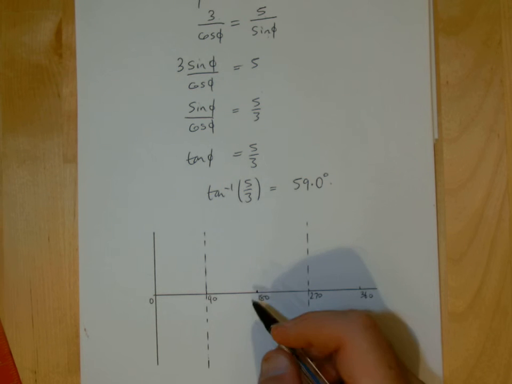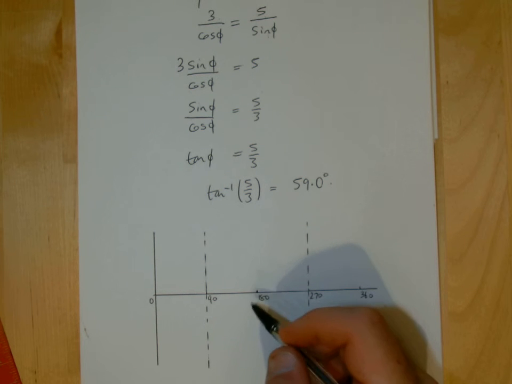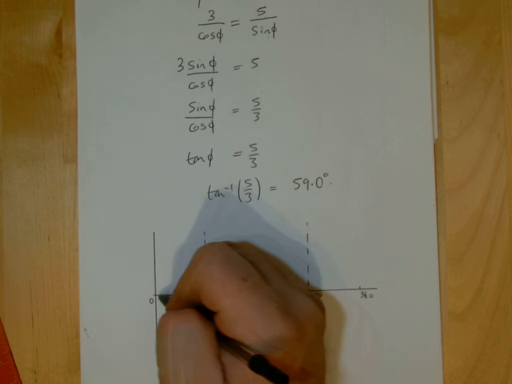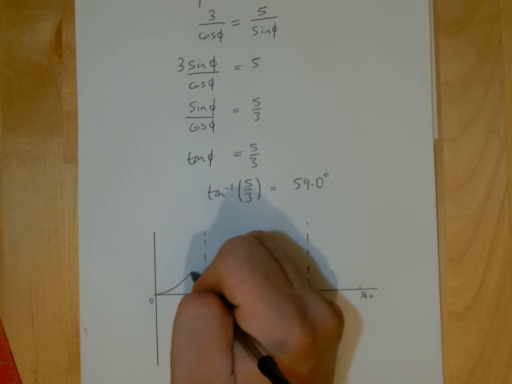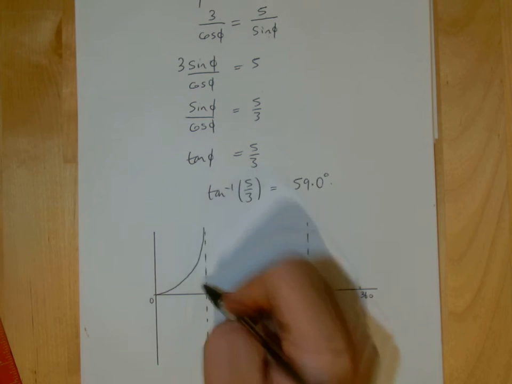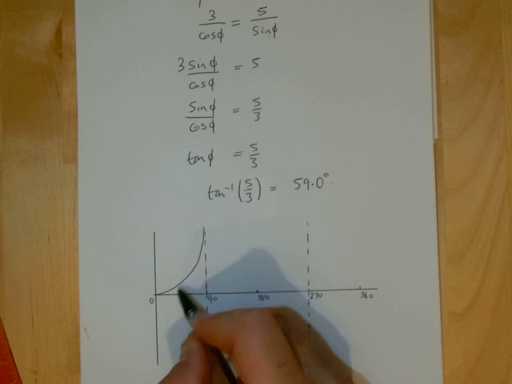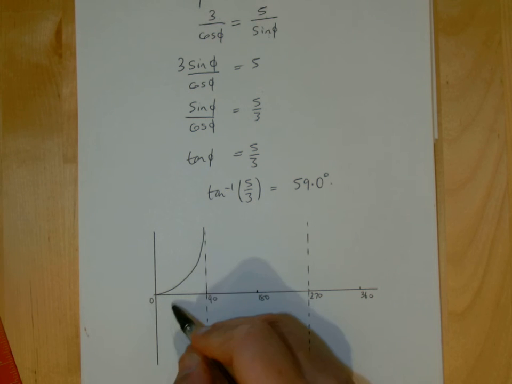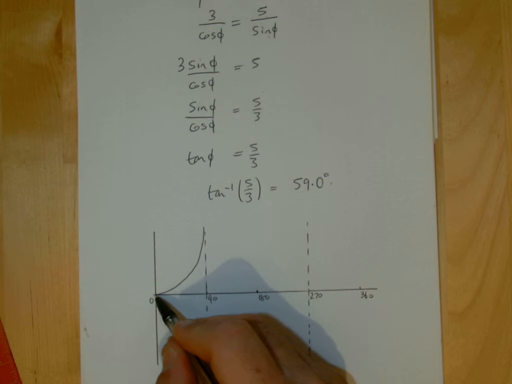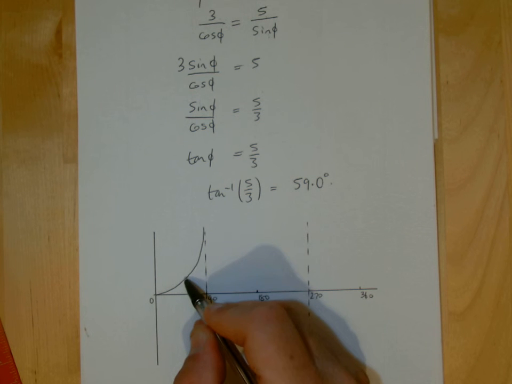So the tan graph there essentially looks like this. And remember, if you can't remember where the curve's going, you don't know if it's up here or down here, just put tan 0, 0, and go in the middle somewhere. Check what tan 45 is, and you'll realise then it's positive.